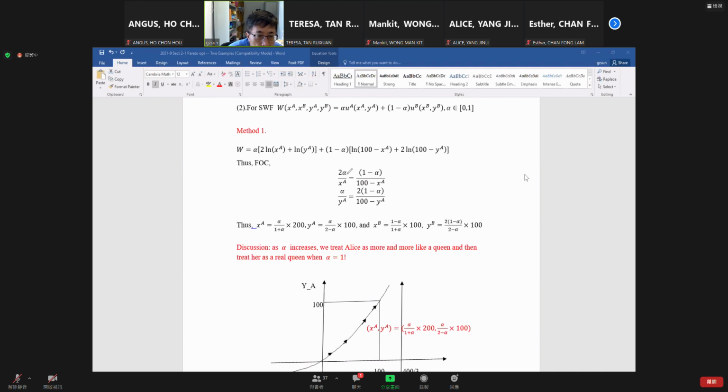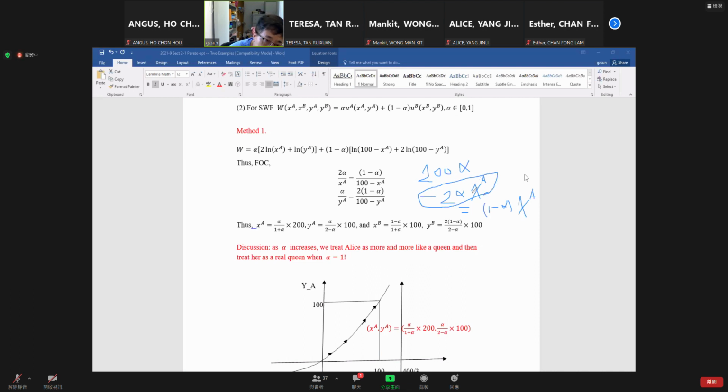This number times this number, that's 200 alpha, right? Minus double alpha XA, right? Equal 1 minus alpha XA, right? Then you just shift the whole term, because here we have XA.